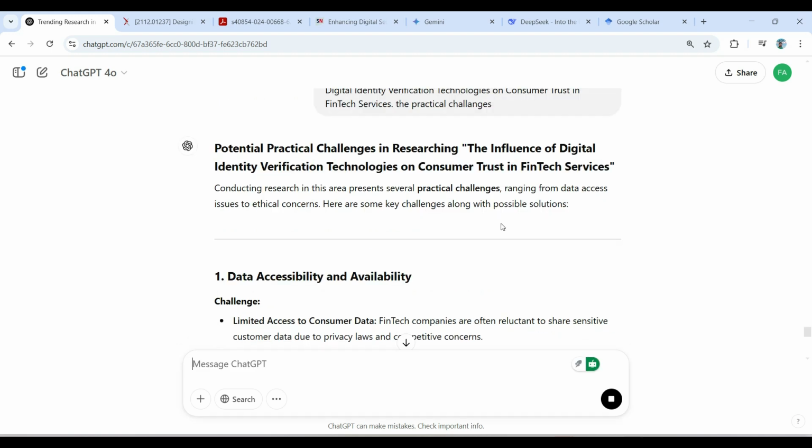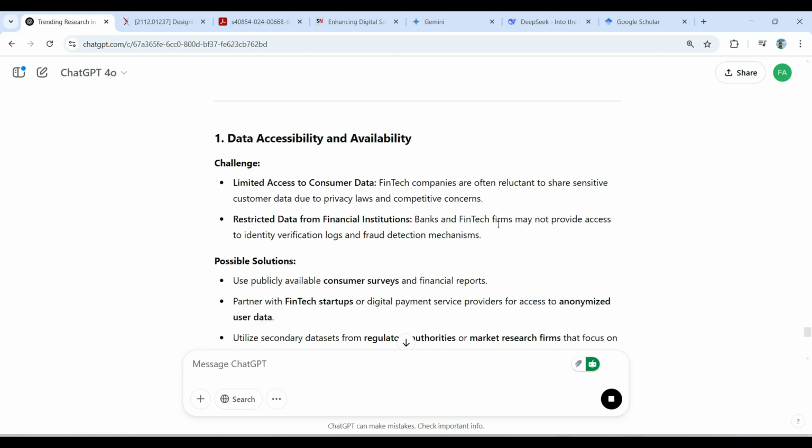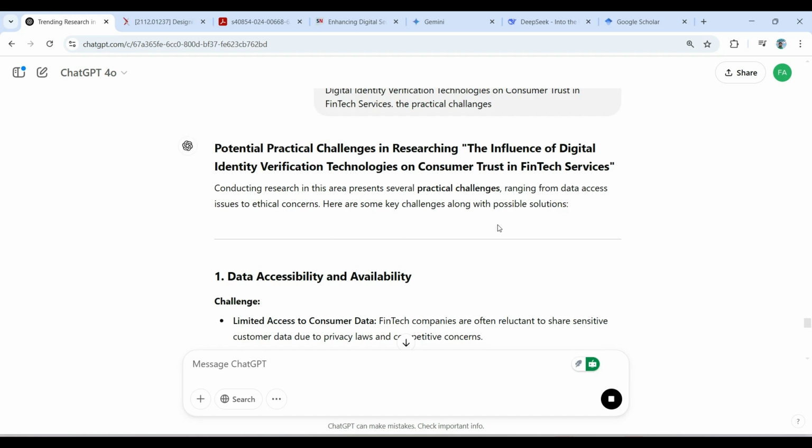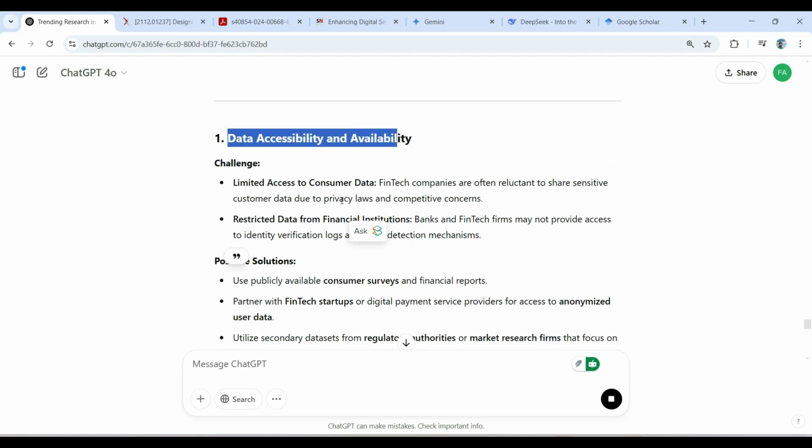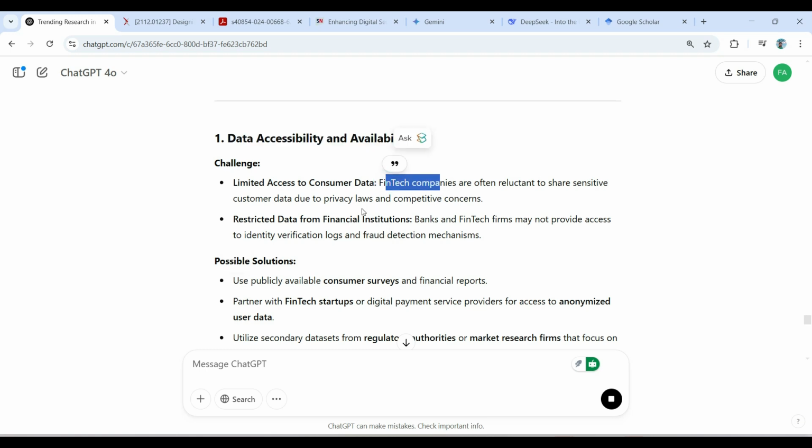Some topics may sound interesting, but it may happen that they are difficult to research because there is, as it has told, a lack of data, limited access to consumer data. Fintech companies often hesitate to share sensitive customer data due to privacy laws. These fintech companies are sometimes banks, or they are dedicated fintech companies.